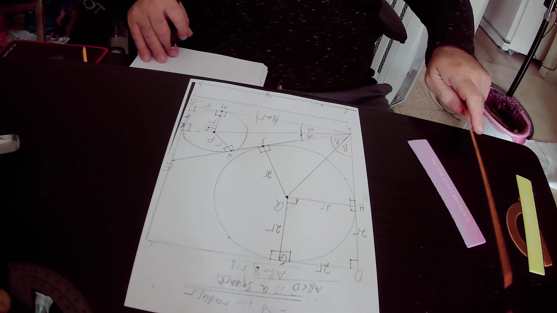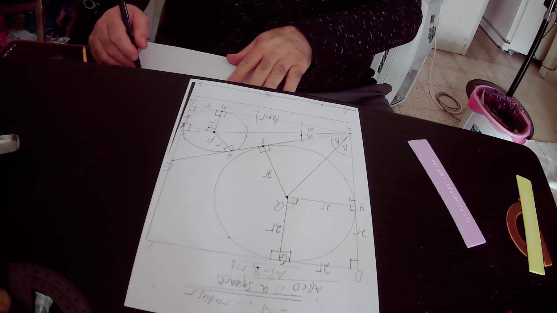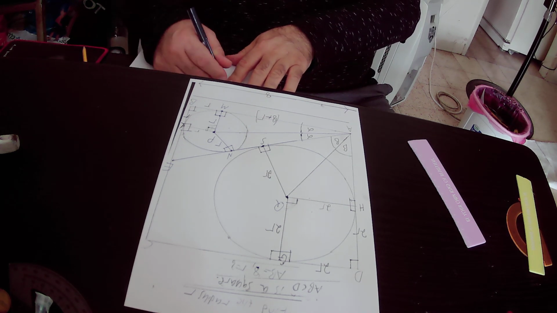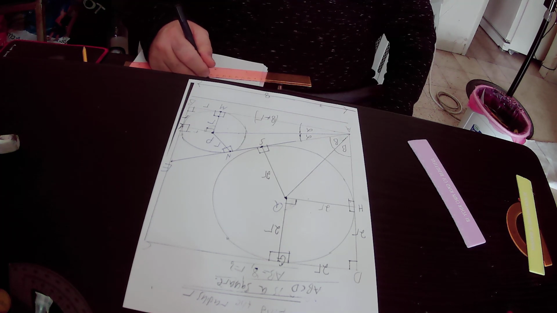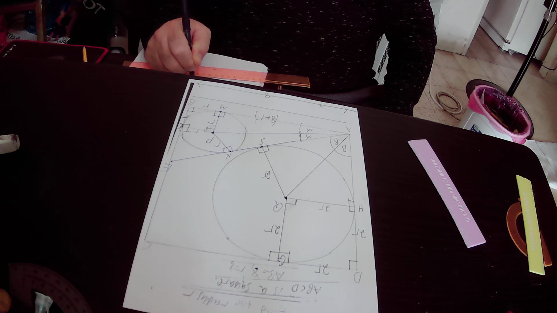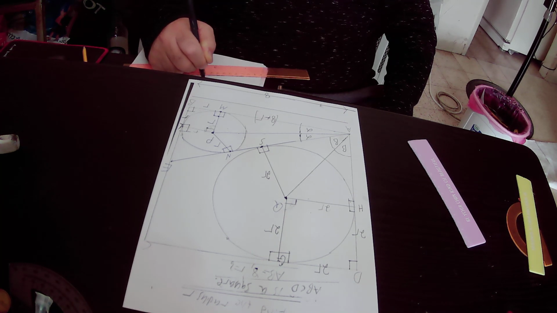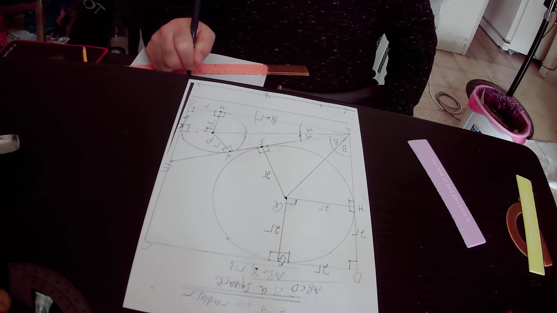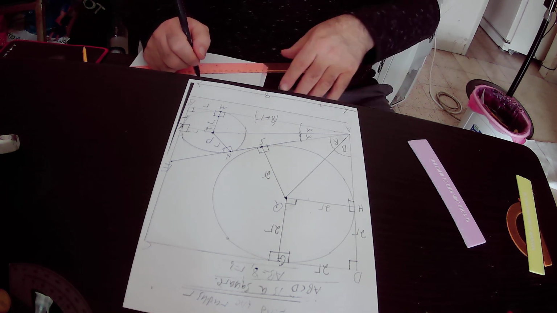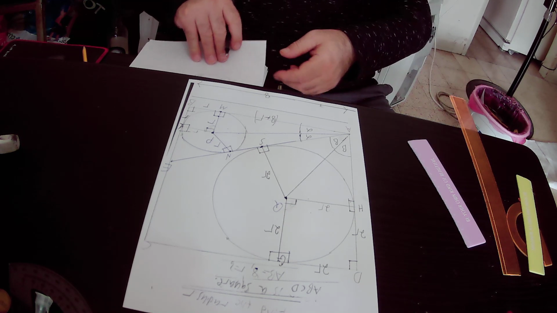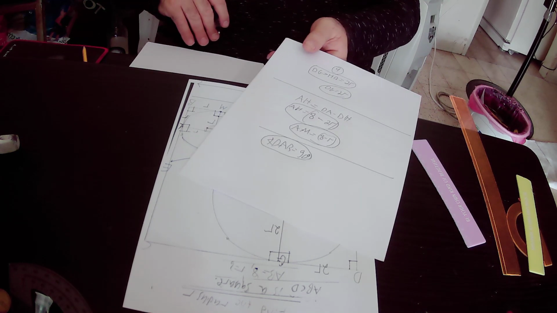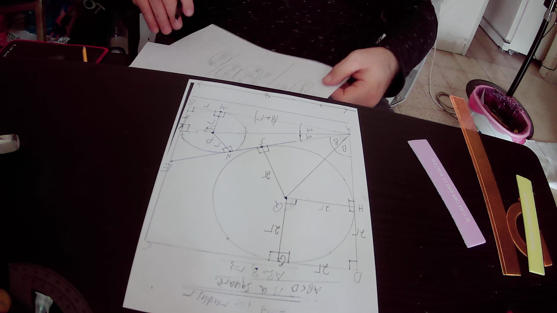So we will write down that angle DAB equals 90 degrees, because all four angles of a square ABCD are right angles.